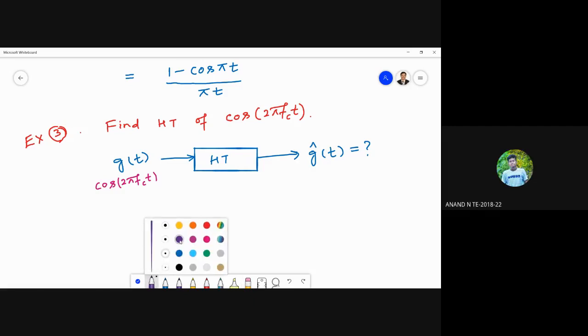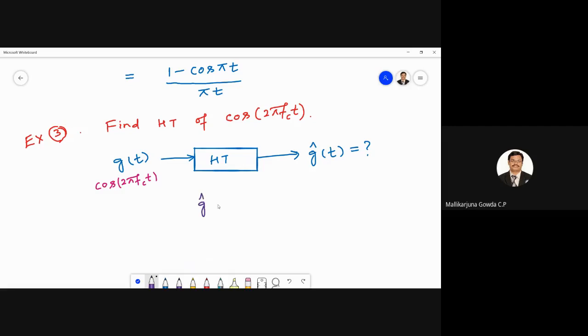So you have to begin with what? You write what is g hat of t. Can any one of you say what I can write as the expression for g hat of t in the time domain? See, what is g hat of t?